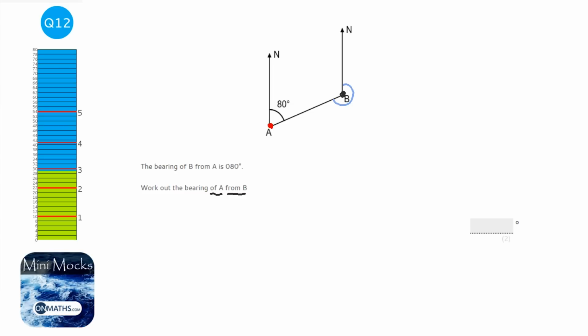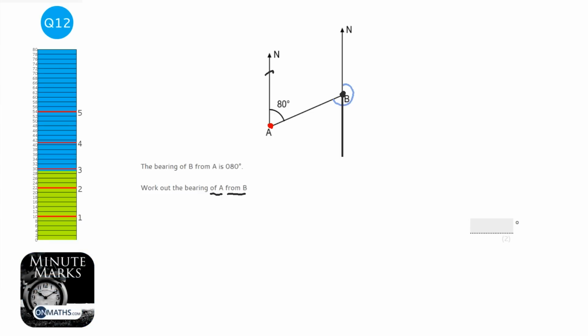So not so easy. The first step of doing this, and there are different ways of doing this, is just draw a line. In fact, I'm going to use my straight line one. Just draw a line straight down at B. If I can get it right, there we go. Now, north lines are always going to be parallel, and we can use that to work out this angle here. This angle here will be the same as this angle here, because they're Z angles or alternate angles.